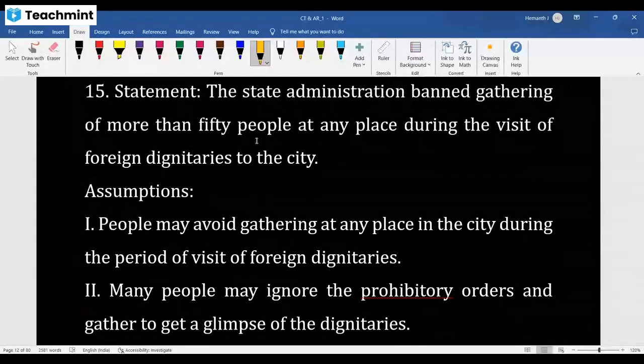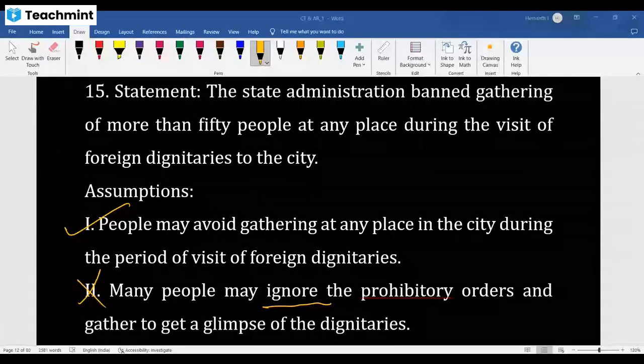So the positive thing is, yes, people avoid gathering at any place in the city during the visit of those people. Many people ignore this and give a negative response. If you know that point, hardly 10 to 15 seconds is needed to give the answer.